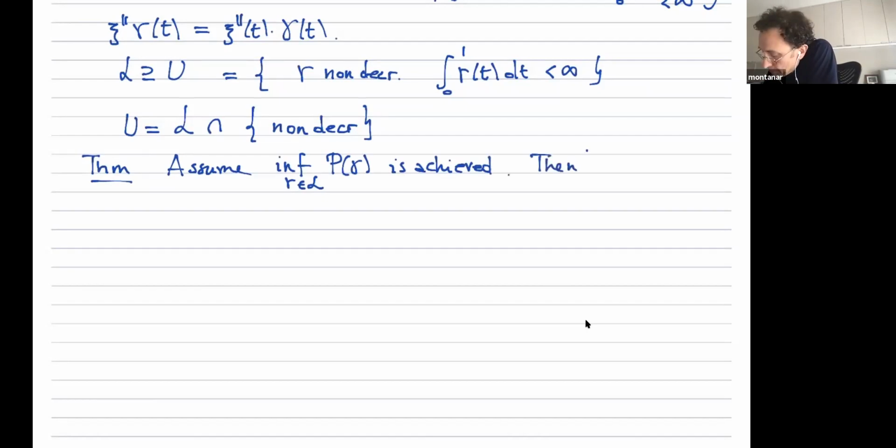Then for any epsilon positive, there exists an algorithm, and this algorithm has linear complexity.